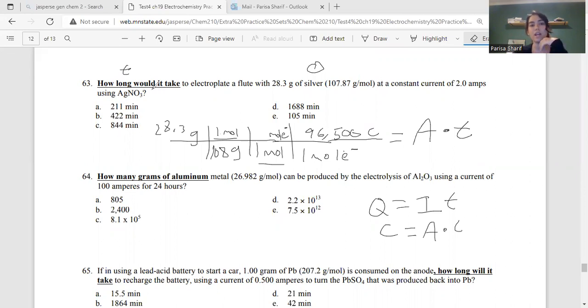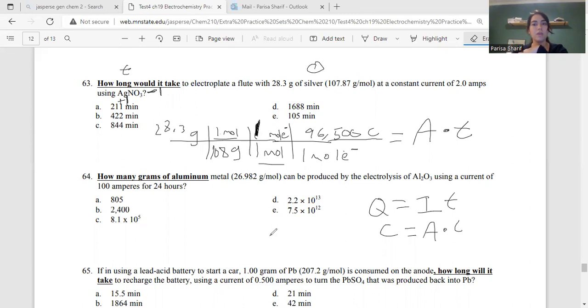So since nitrate has a charge of -1, which is something you just have to know by memorization, silver is going to be +1. That's its oxidation state. So 1 mole of electron is transferred between its ionic state and its silver metal by itself state. So this one's actually not that bad.